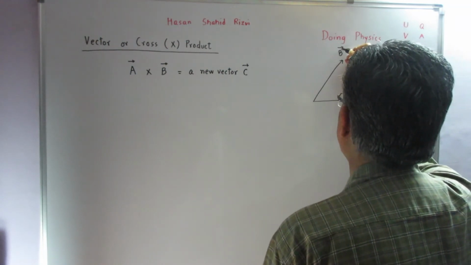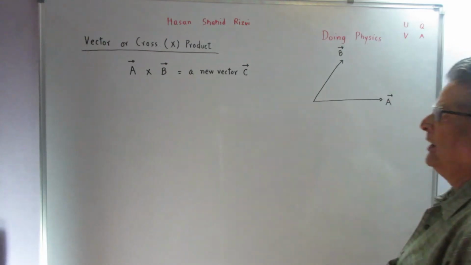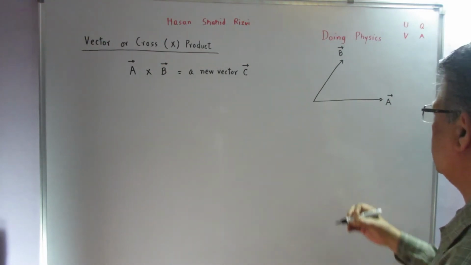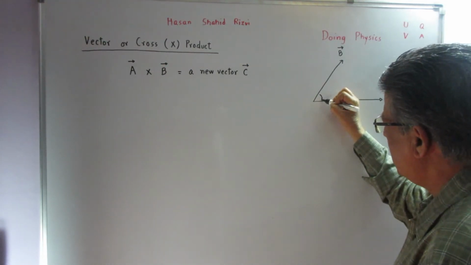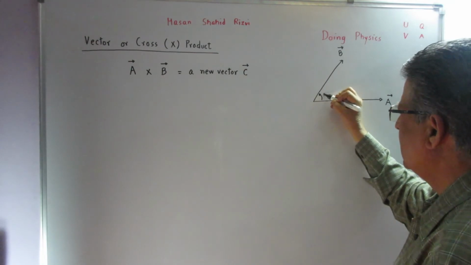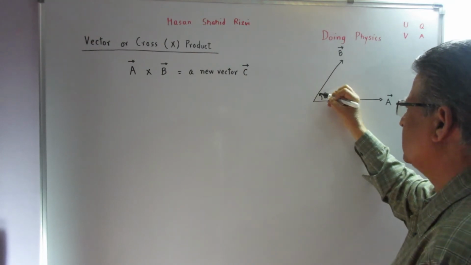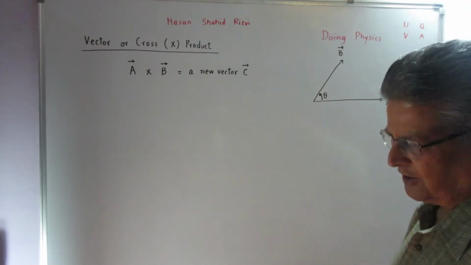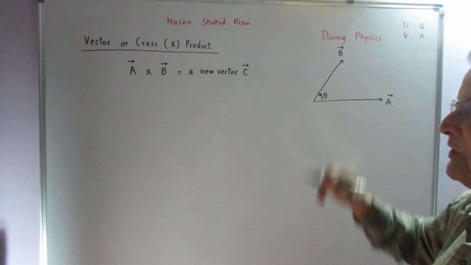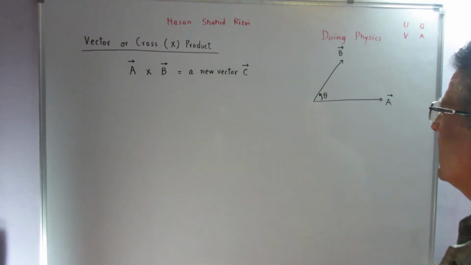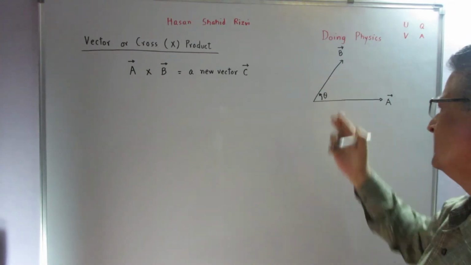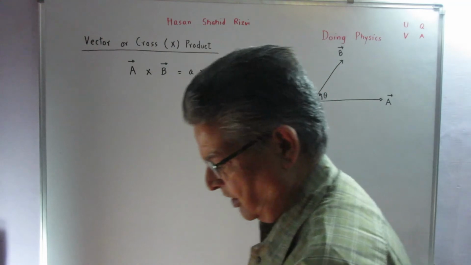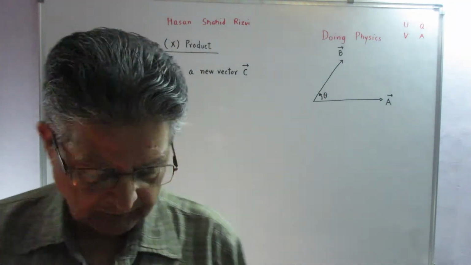A cross b gives a new vector c, and my vector b is making an angle of theta, or I can say is leading the vector a by theta. But these two vectors can have different magnitudes, different units, and they can belong to one family or another family.